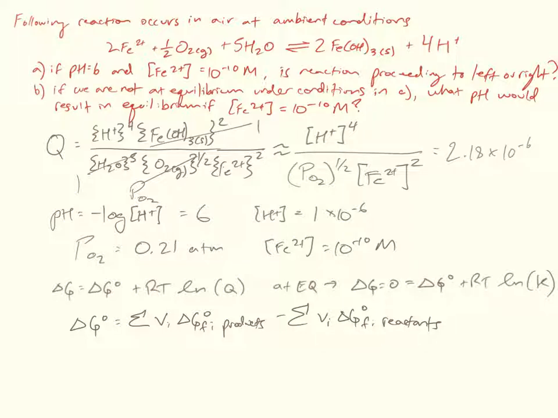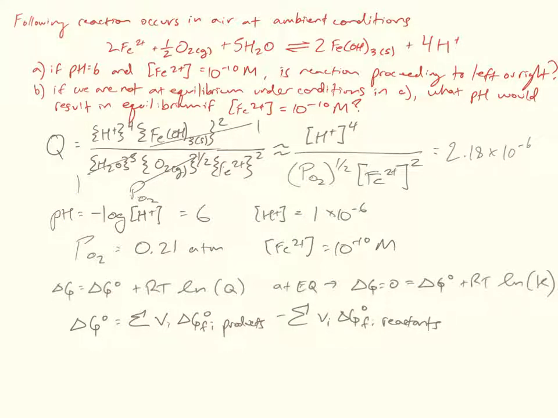So this V is the stoichiometric coefficients on the products and reactants, and the delta G sub F naught sub I is the free energy of formation of the products and reactants, which we can find from table.